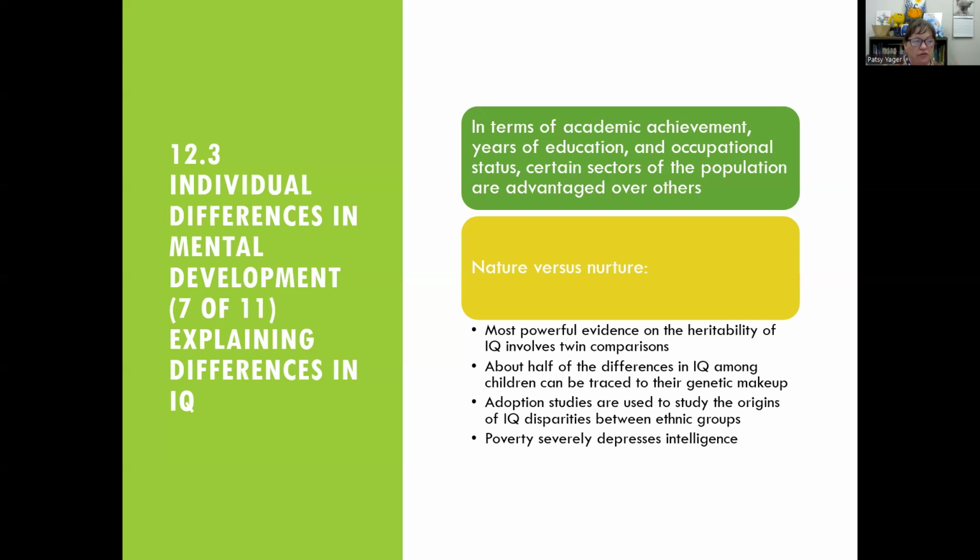About half of the differences in IQ among children can be traced to their genetic makeup. Adoption studies are used to study the origins of IQ disparities between ethnic groups. And poverty severely depresses intelligence, which shows that there's a significant advantage to having a more enriching, nurturing environment. Okay.